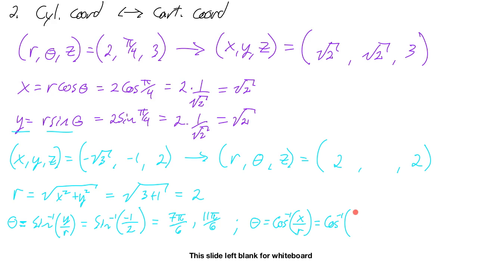So arc cosine of x, which is negative root 3, over r, which is 2. And this gives us 5 pi by 6, or 7 pi by 6. Okay, so then these two match, which means this is 7 pi by 6.